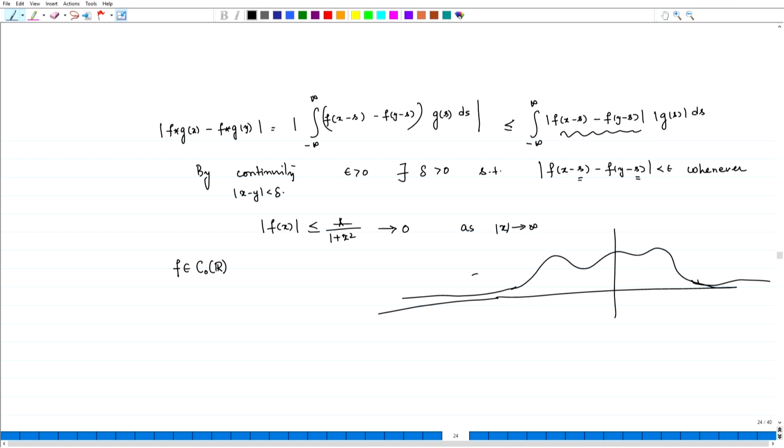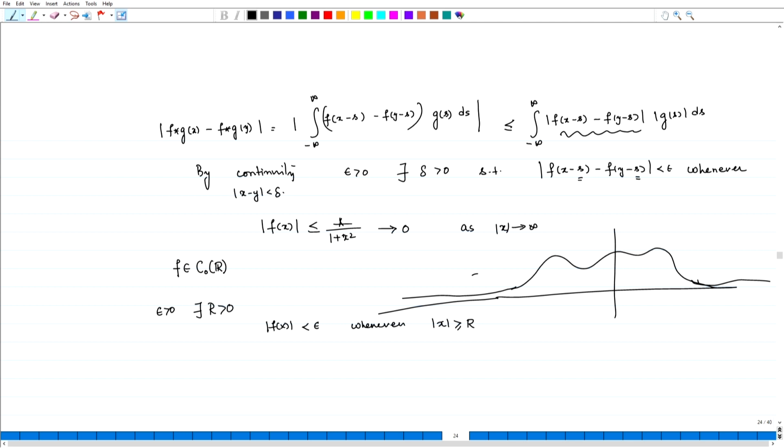Now here what you can say is that mod of f of x, for epsilon positive, there exists an r greater than 0 such that this is less than epsilon whenever mod of x is greater than or equal to r.